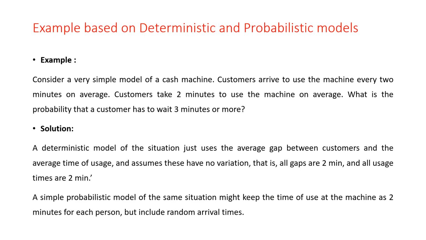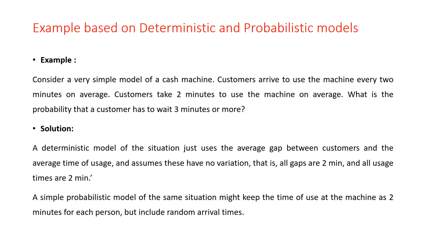Okay, so now a simple probabilistic model. In a probabilistic model of the same situation, the same cash machine customer example is used. We are considering one example for both the deterministic and the probabilistic model.